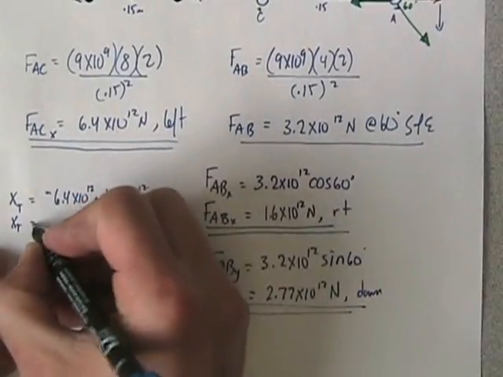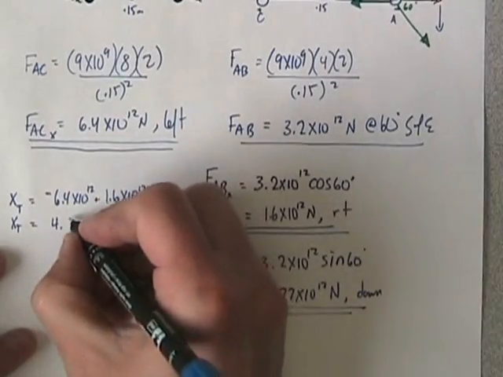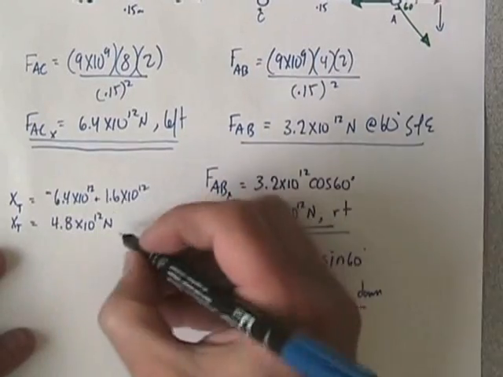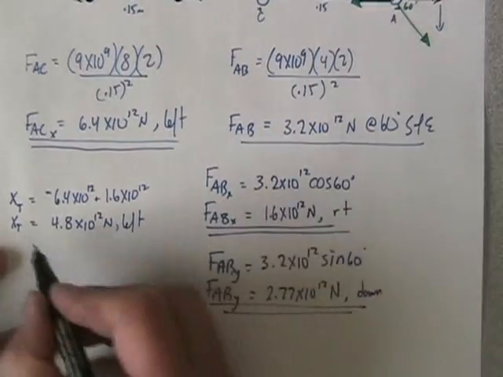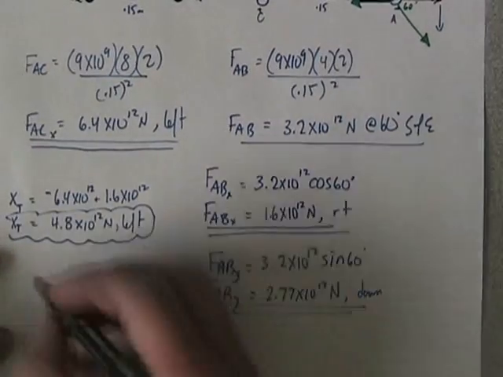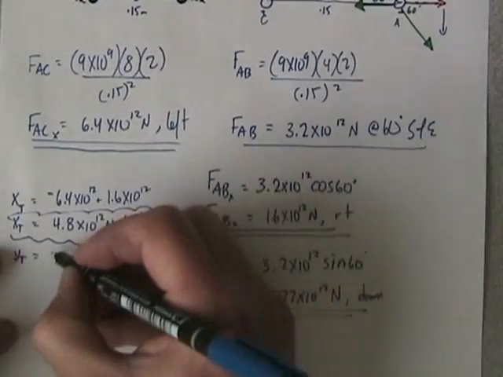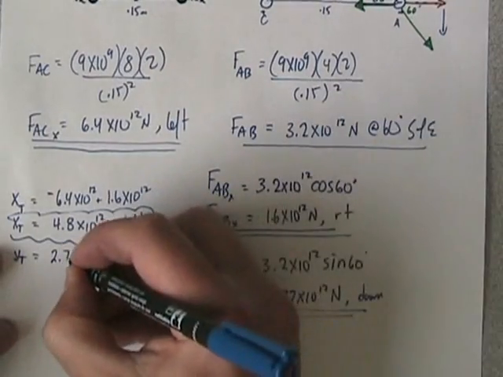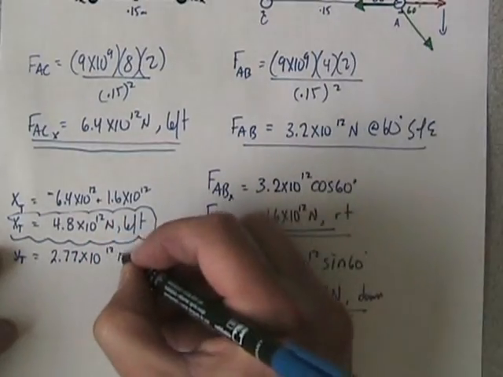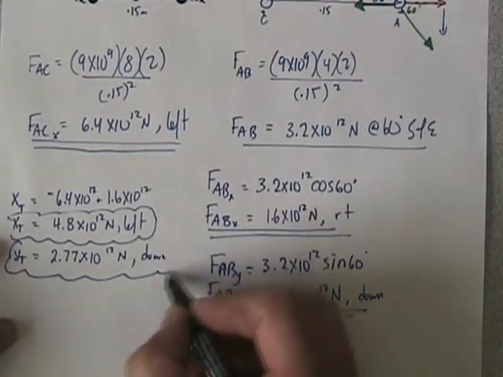So xt ends up being 4.8 times 10 to the 12th newtons, and it's going to be negative, but I'm going to call it left. I'm going to give that thing a little cloud because that's my total component. My yt, I've only got down, so it's 2.77 times 10 to the 12 newtons down. Cloud that thing.